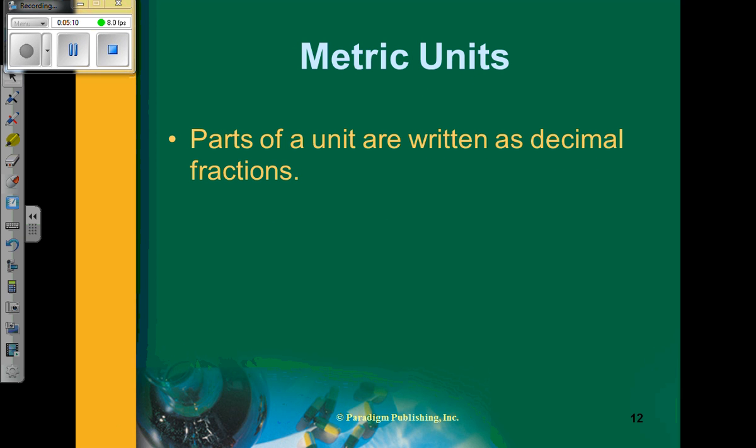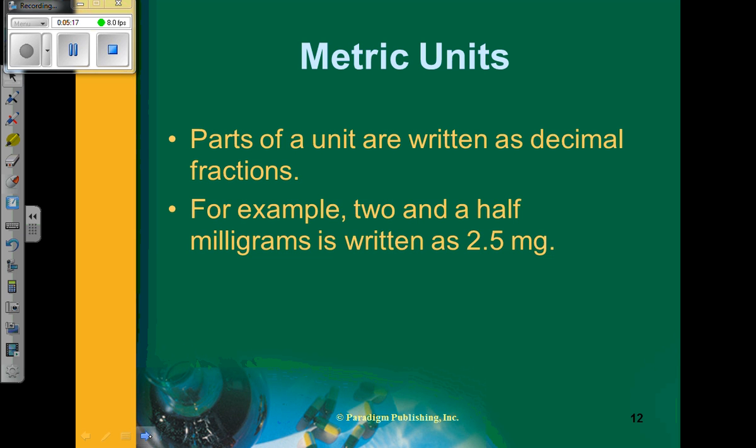So your volumes, of course, are commonly going to be used to measure liquids. I'm sorry, parts of a unit are going to be written as decimal fractions, and for example, 2.5 milligrams is written as 2.5 milligrams.